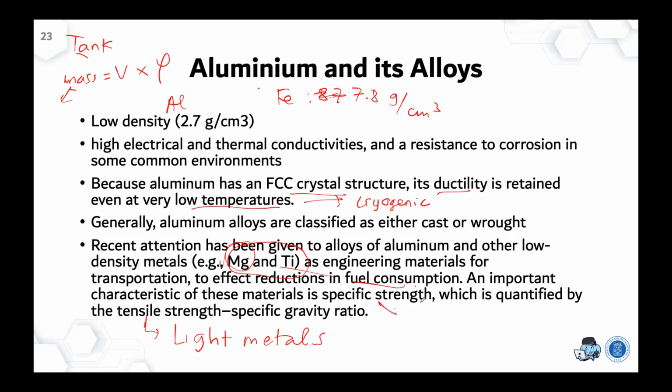So specific strength is actually the tensile strength divided by specific gravity. So it is a very good light metal, but later on, if you're interested, in my other course, fundamental of process metallurgy, I also explain why these metals are very expensive because of the extensive cost for production compared to iron.